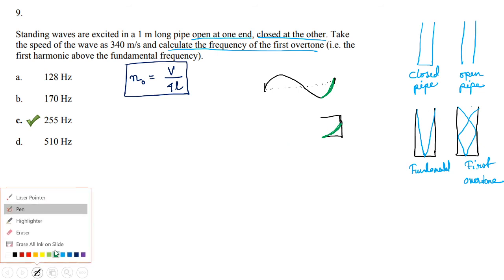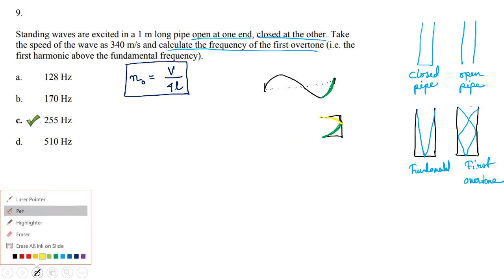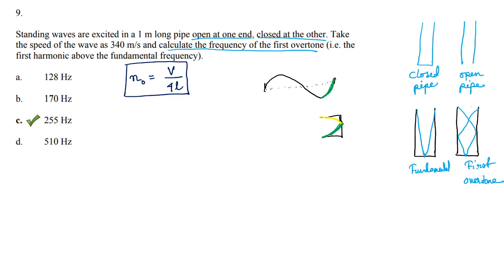So if I repeat this along this side, then you can see that this part is actually 1/4, 1 part, 2 part, 3 part, 4 part, right? So 1/4 of the total wave. So if this is lambda, the wavelength of the wave, then this part is lambda by 4, right?